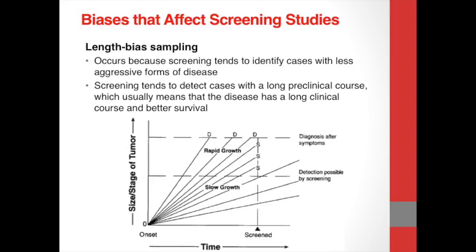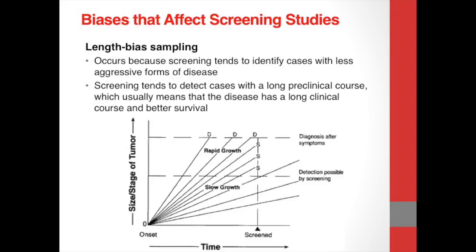The bottom person, for instance, has a very slow growth rate of a tumor, and the top line with the steepest slope represents someone with aggressive disease. This person has a rapid growth of the tumor and dies.